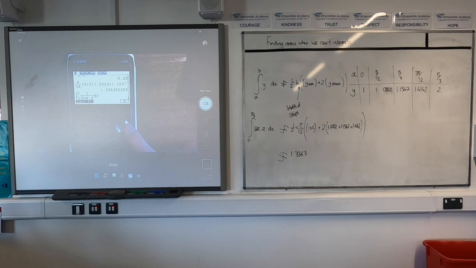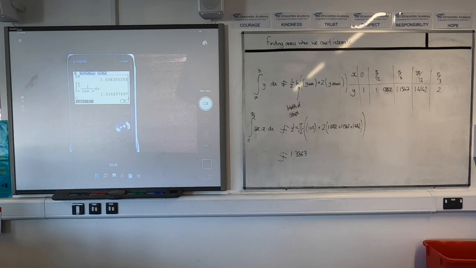I'll get to limits, there we go, between 0 and pi over 3. Now don't forget, our answer is an approximate answer, so we're not expecting it to be identical, but we're looking okay.